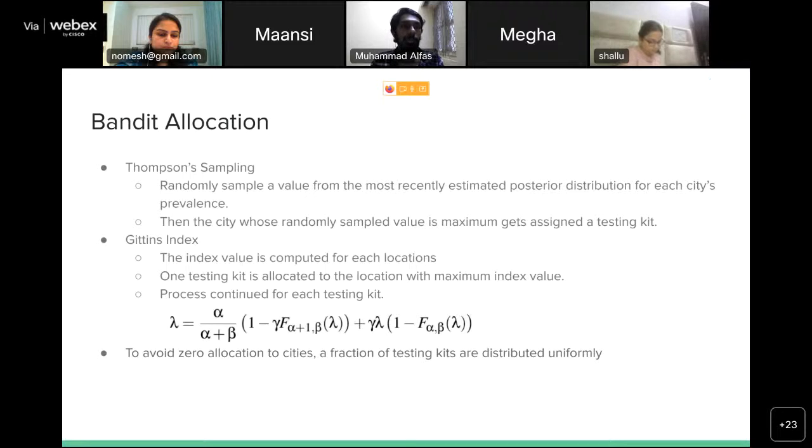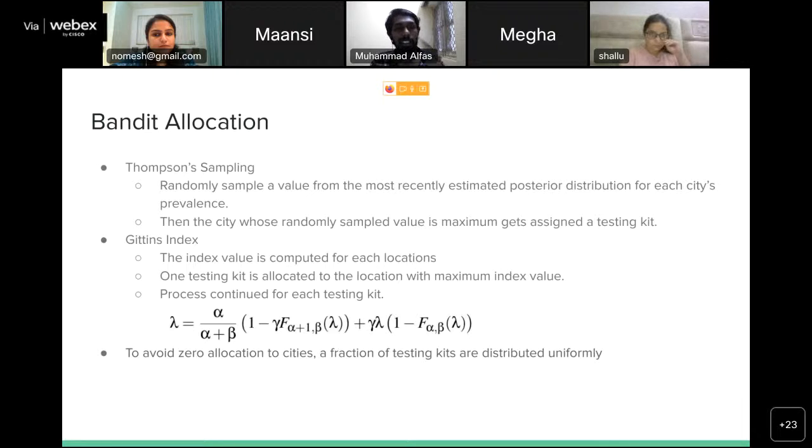In Thompson sampling, we have the parameter values as a posterior distribution since we use a Bayesian method. So we randomly sample a value from the most recently estimated posterior distribution for each city's prevalence rate. Then the city which has the largest randomly sampled value gets one testing kit. And we continue this process until every testing kit is expended.